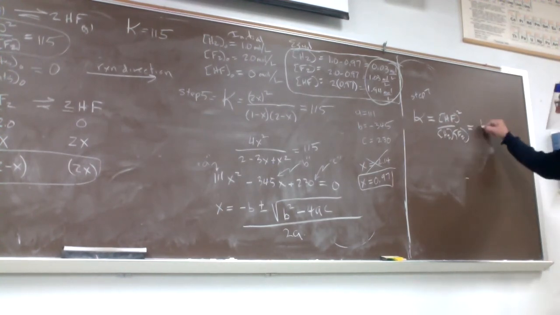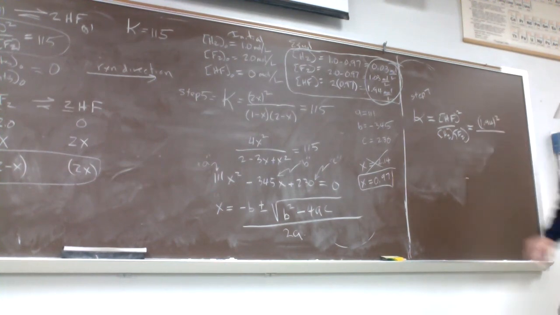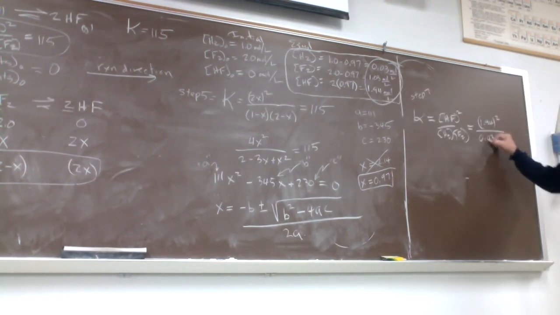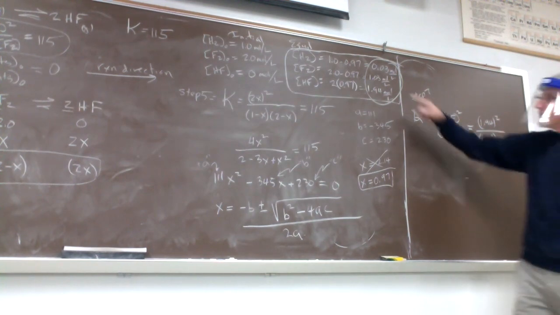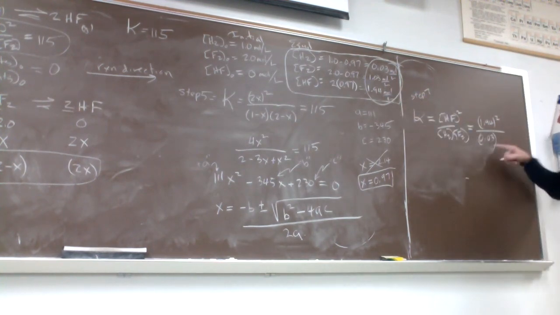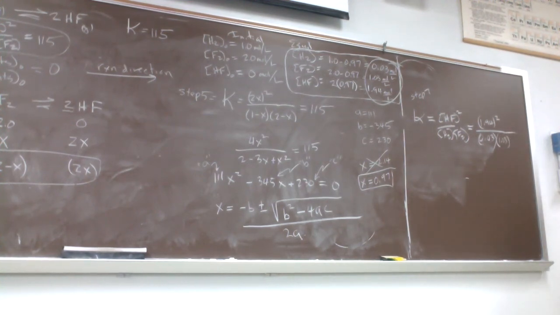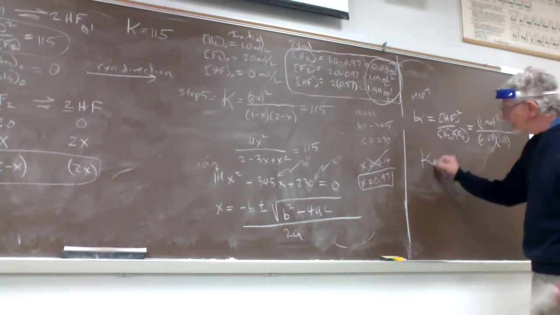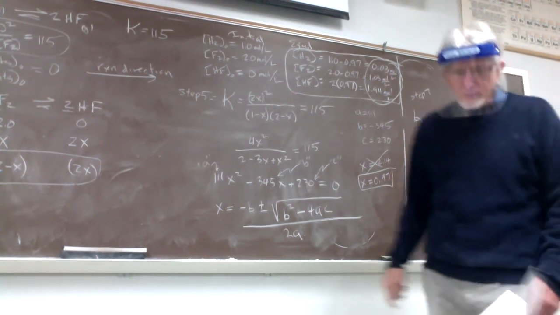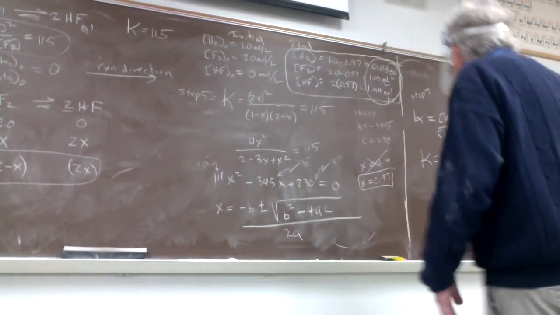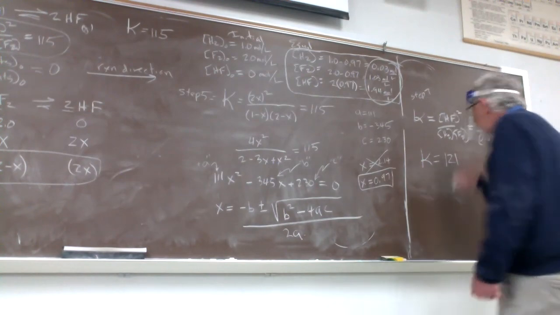HF squared, we have 1.94 squared divided by H2, 0.03 times F2 concentration, and that's 1.03. And do the appropriate number crunching. And we get a value of 121.